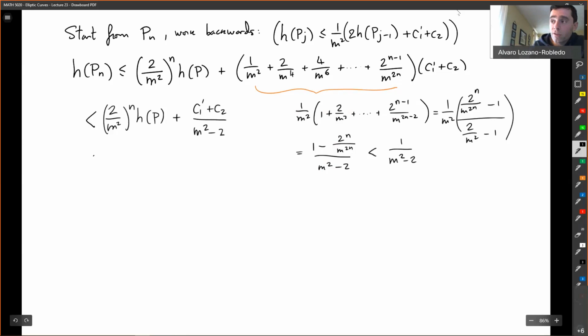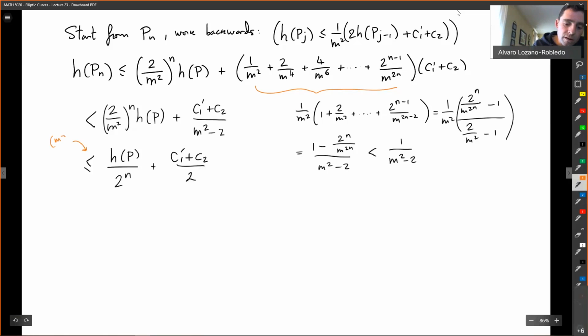So this is less or equal to the height of P over 2 to the n plus ... and m squared minus 2 with m at least 2 is at least 2, so we can replace that denominator by just a 2. Here I'm using the fact that m is bigger or equal to 2.